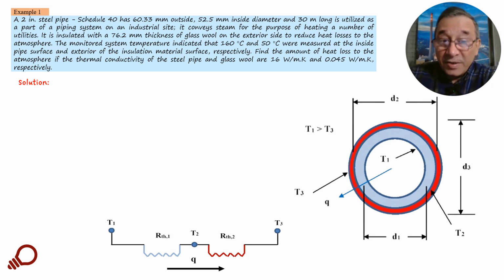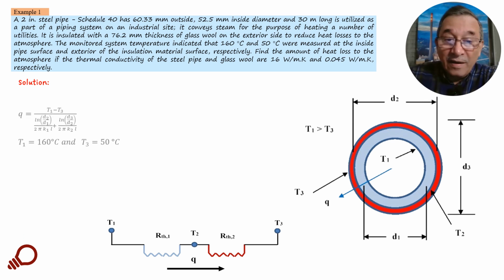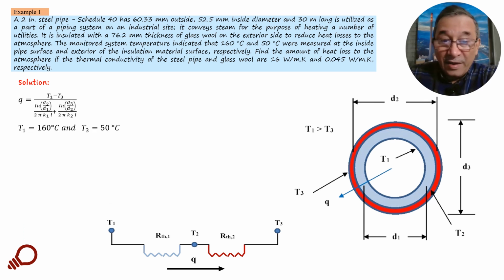So it can be represented as two thermal resistances in series, and we have T1 greater than T3, then the heat transfer will be in the direction from T1 to T3, and Q equals delta T overall divided by the summation of resistances.